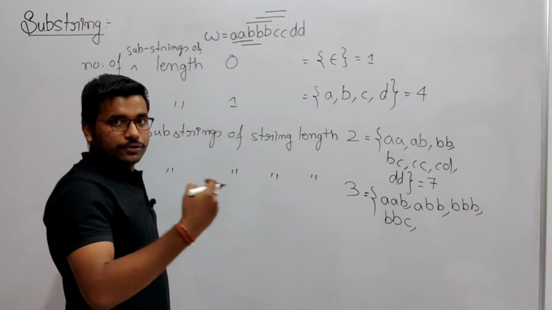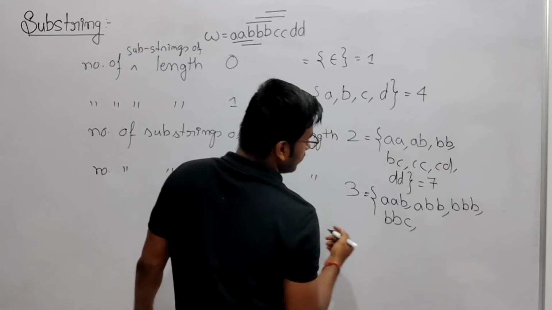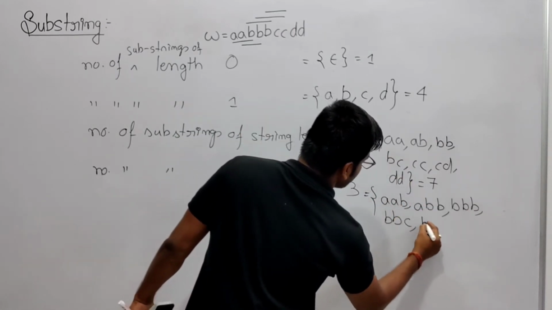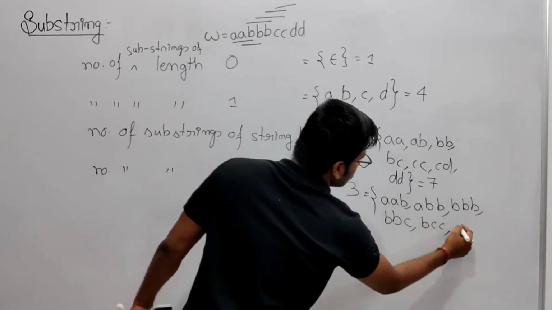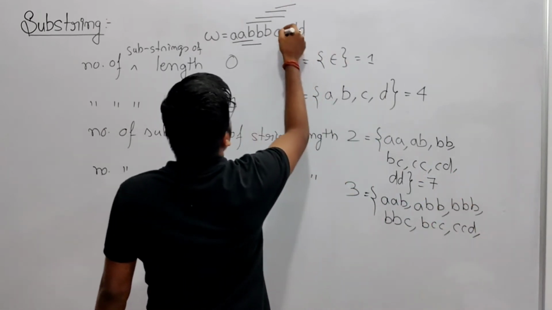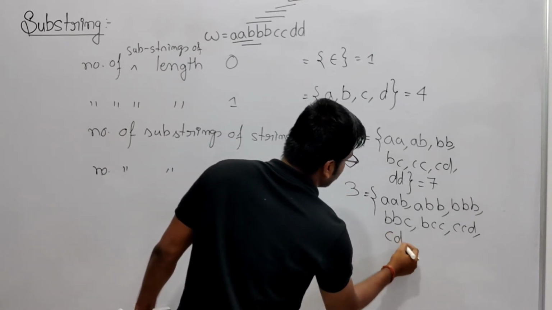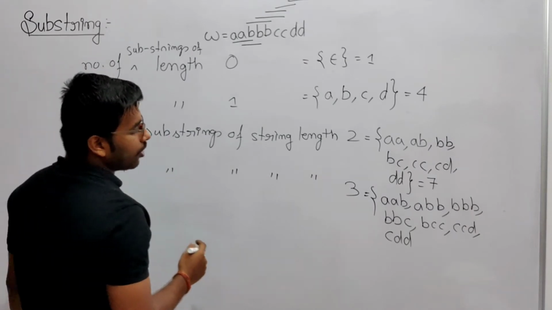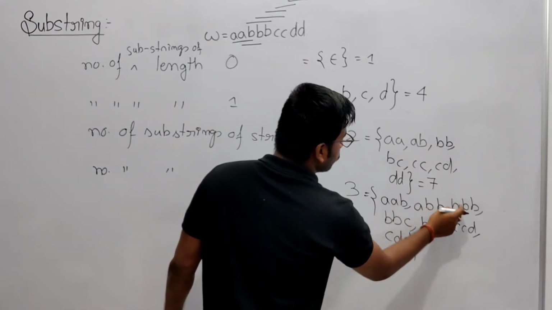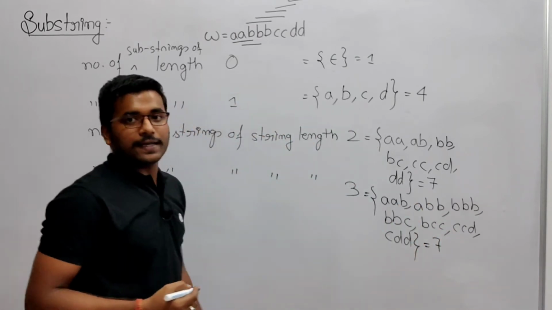Like this only you should write, so you are not going to miss any substring. Then from C I will take CCD, then from the next C I will take CD. So how many substrings did you get? 1, 2, 3, 4, 5, 6, 7. So total substrings you got here is 7.